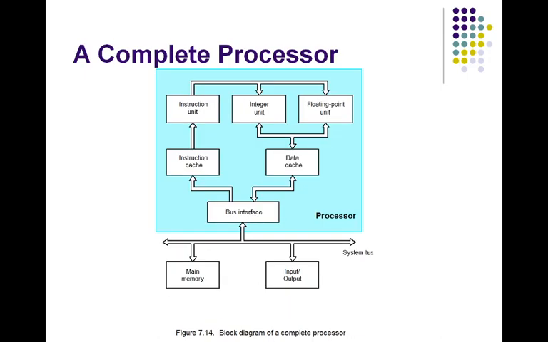Then I will discuss the organization of a complete processor, which is illustrated in this diagram. A complete processor can be designed using the structure shown in this figure. This structure has an instruction unit that fetches instructions from an instruction cache, or from the main memory when the desired instructions are not in the cache.